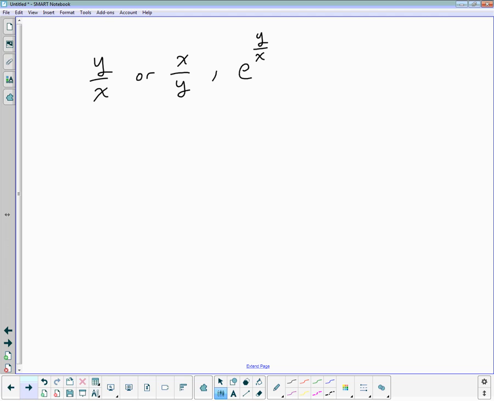Also, if we have x's and y's and a subtracted rational function of some kind, that's kind of like saying, by the way, I'm going to use my substitution. I'm homogeneous.